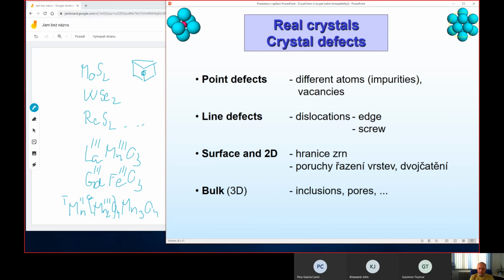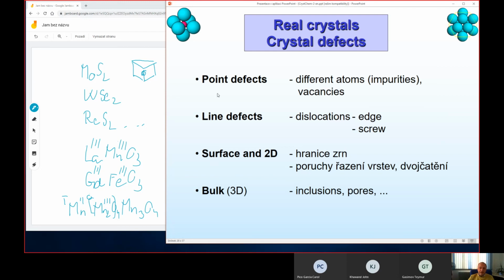And the last point, just quickly: real crystals always contain some defects, which can be natural, but we can also artificially introduce defects and tune the stoichiometry and the properties by introducing them.